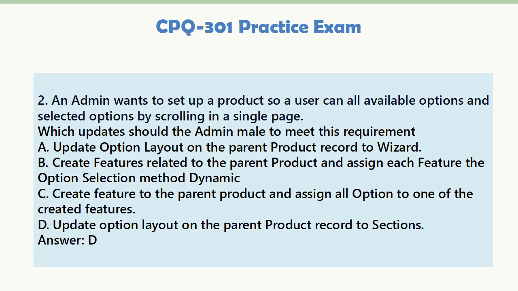B. Create features related to the parent product and assign each feature the option selection method dynamic. C. Create a feature on the parent product and assign all options to one of the created features. D. Update option layout on the parent product record to sections. Answer: D.